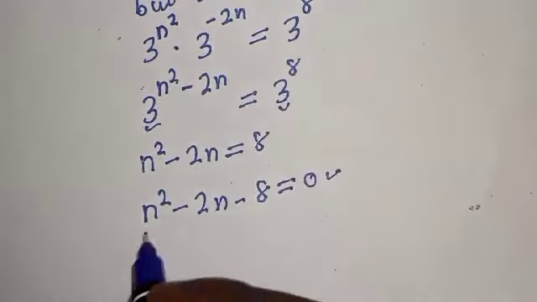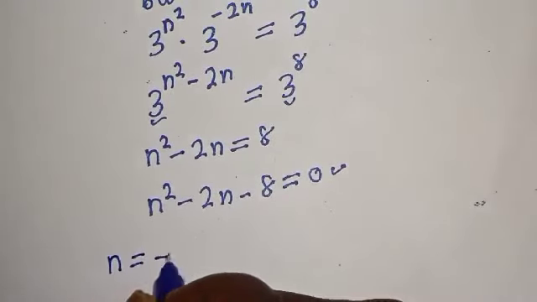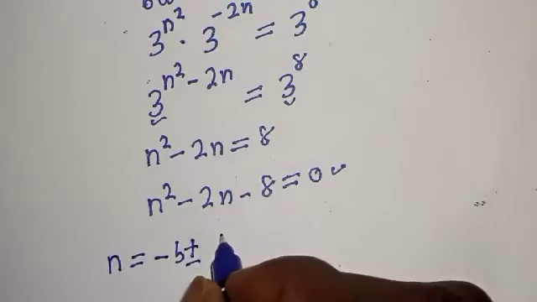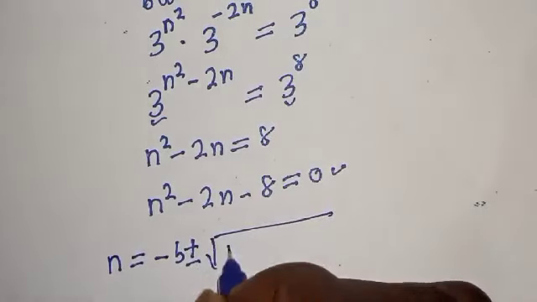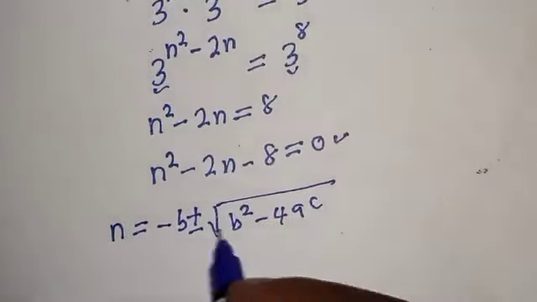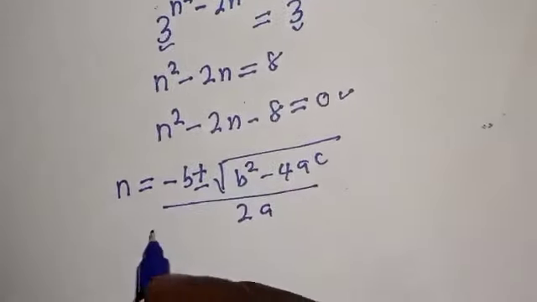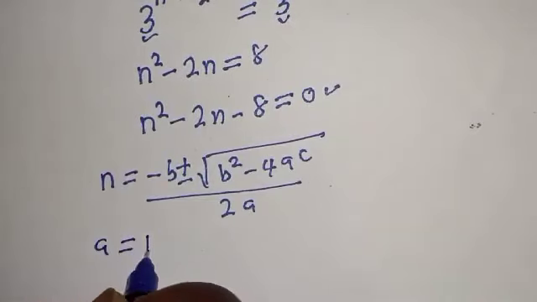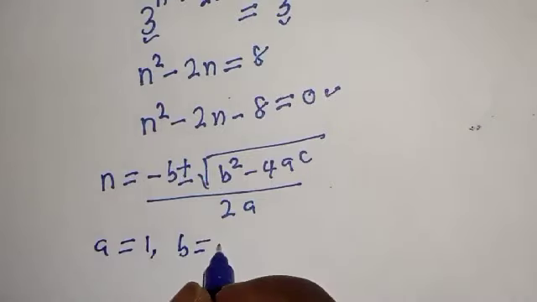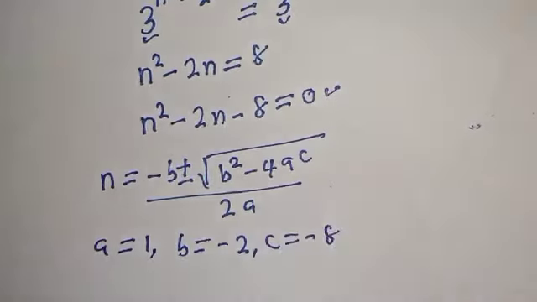Our quadratic general formula gives us n is equal to minus b plus or minus square root of b squared minus 4ac, over 2a. From this equation, a is equal to 1, b is equal to minus 2, c is equal to minus 8.